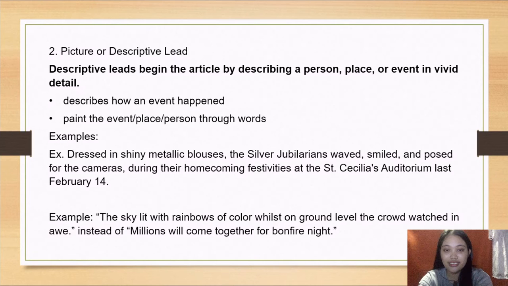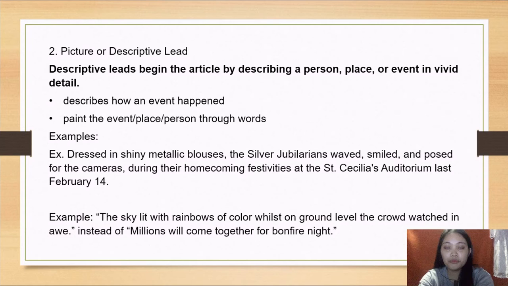Unlike "Millions will come together for bonfire night," it doesn't give a description, a picture for the reader to mentally picture the scene, right? So the statement gives more impact because the writer gives more adjectives, action words, or any descriptive words.